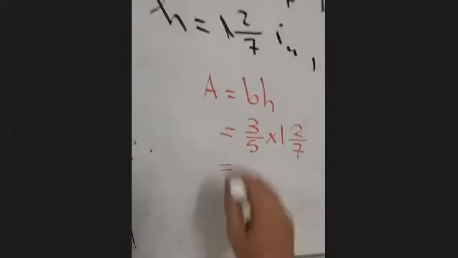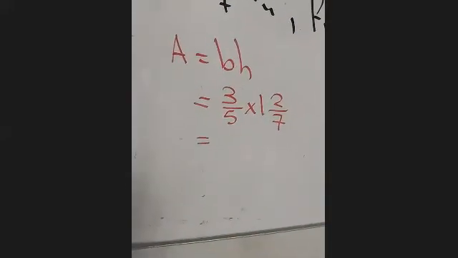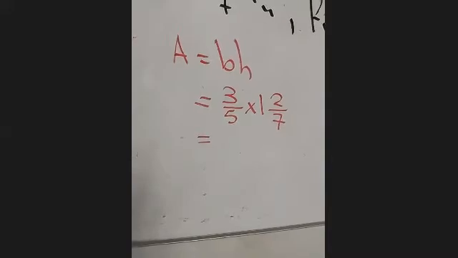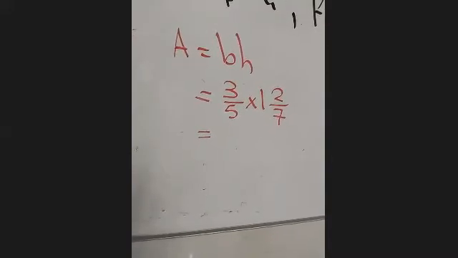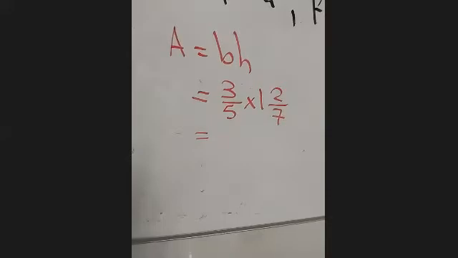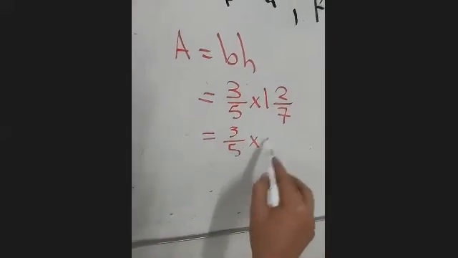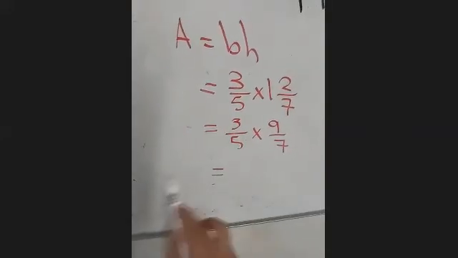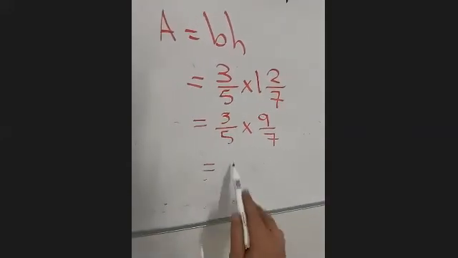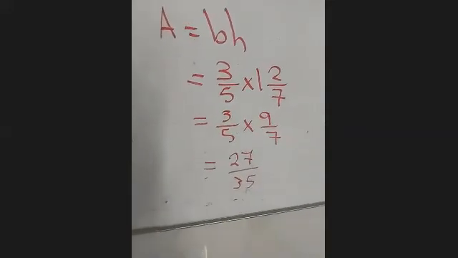Then make a multiplication. How? 7 multiply by 1 equal 7, plus 2. We turn the mixed number to a fraction. It is 9/7. Then 9 multiply by 3 equal to 27/35, right?